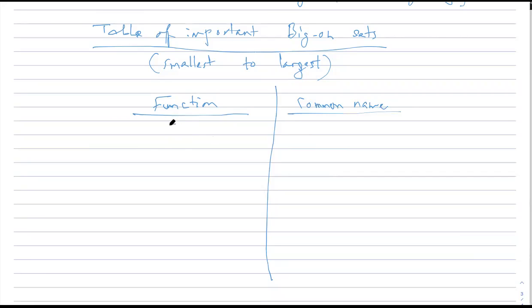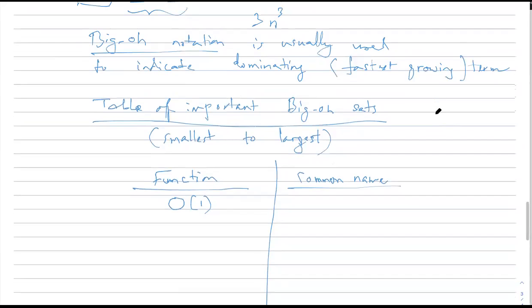So the smallest one is order of 1, because if you draw in a graph, you can draw the constant something like this, and then if you draw an n, it will be going like this. So clearly at any given time, this n would be always growing faster.